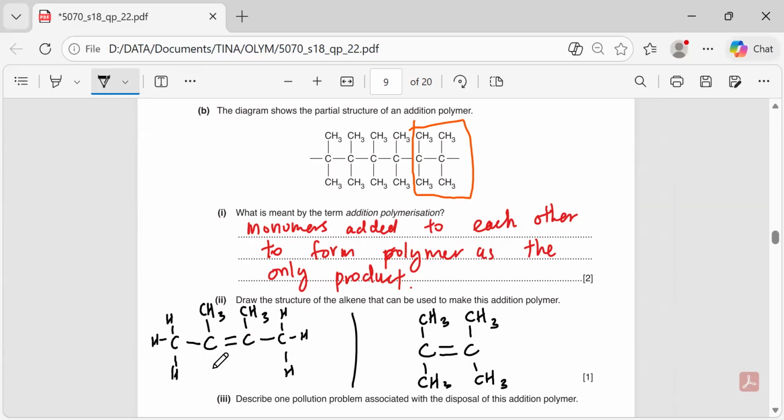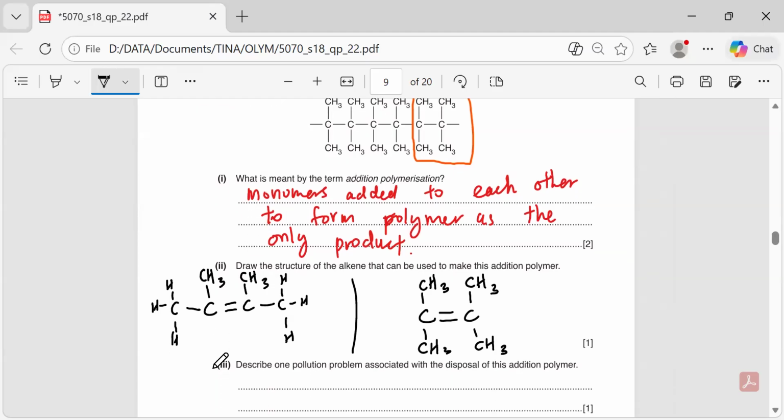Can you tell me what it is? Come on. No? What's the longest chain? Longest chain is but-2-ene, 2,3-dimethylbut-2-ene.